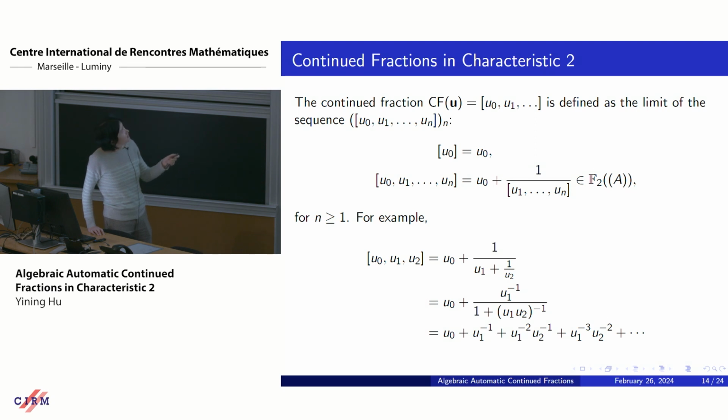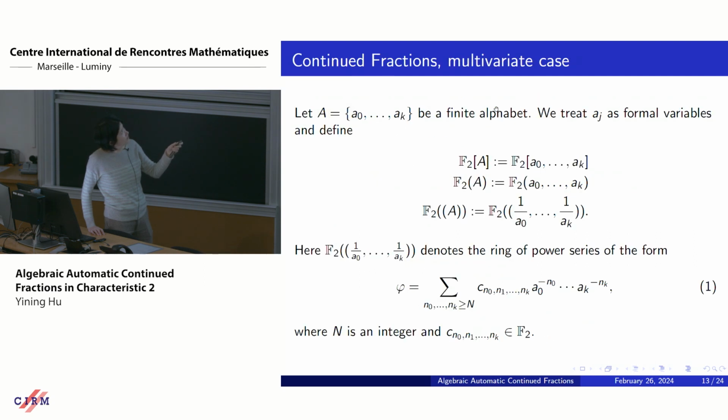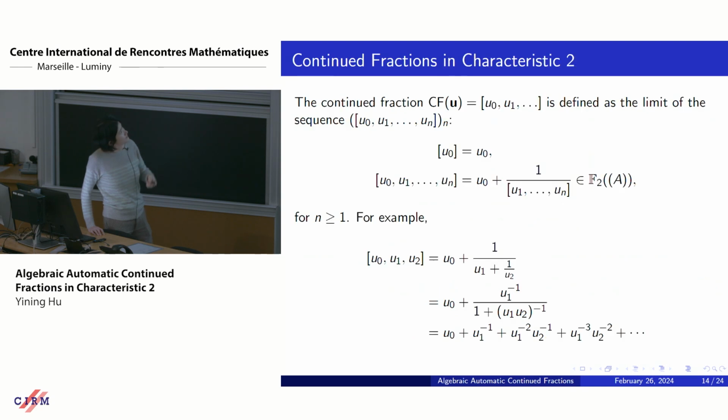So now, how do we define a continued fraction? Here the sequence Un is a sequence that takes values in my alphabet A. In this case, the continued fraction is defined as the limit of the convergents.